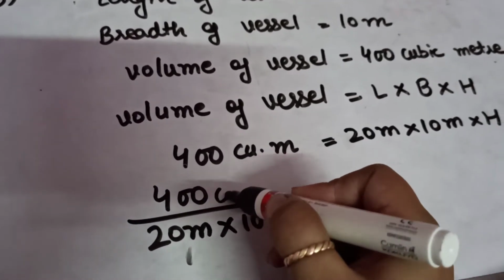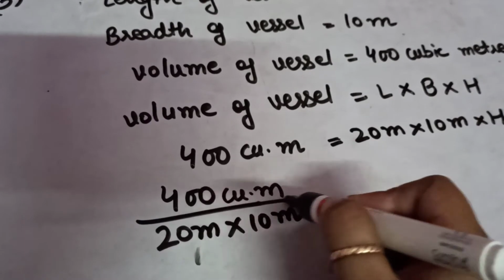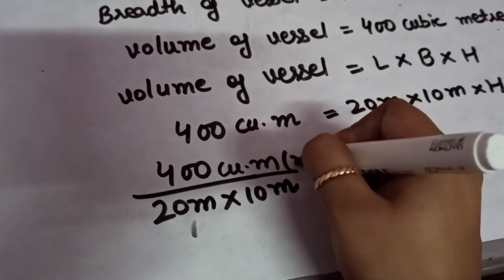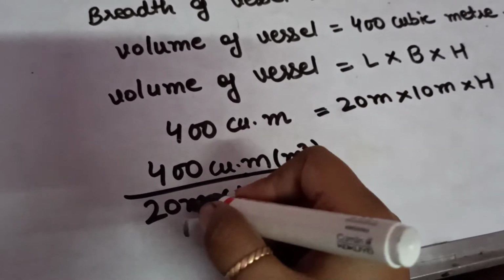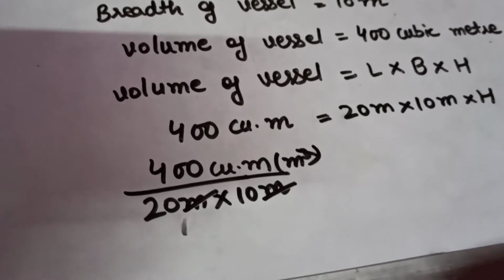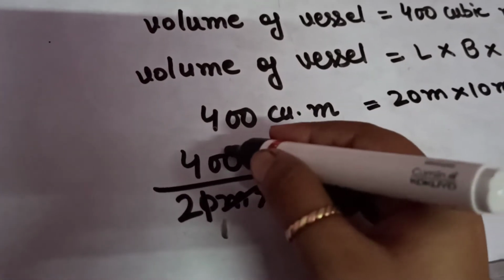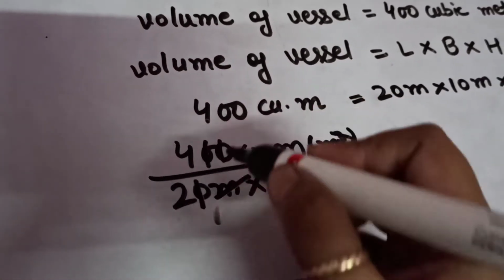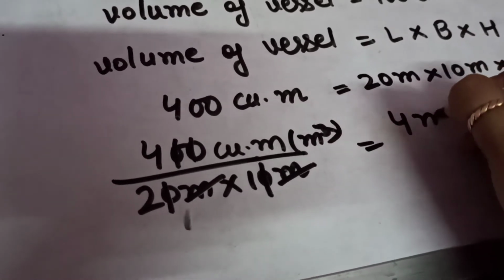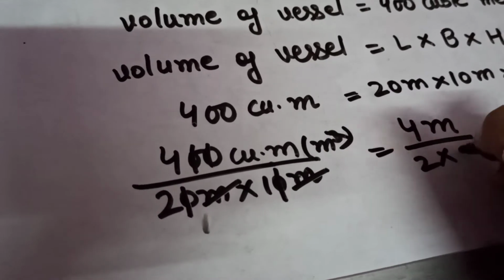Here comes cubic meter. It means 3 times meters. Right? This meter cube. So this meter cut by this. Single meter will be there. Zeros cut by 0. This 0 cut by this. Now here left 4 meter multiply by 2.